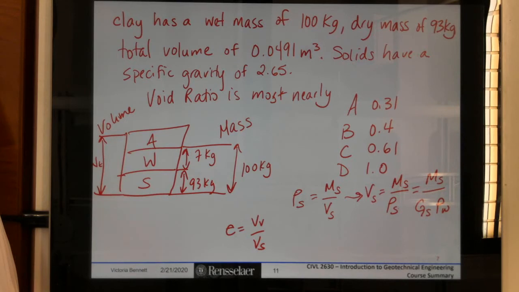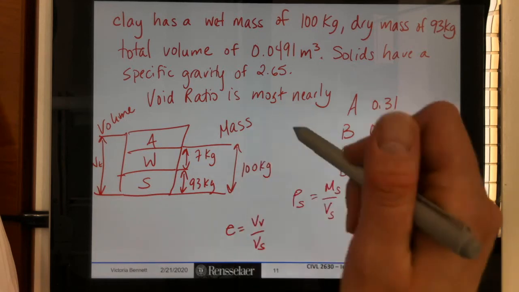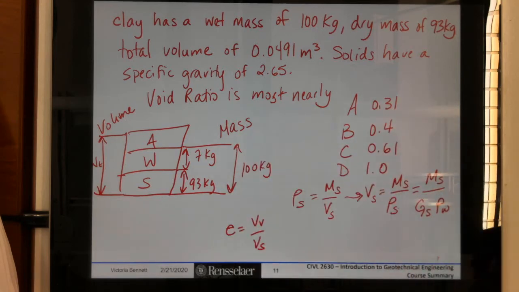So with what was given, when we skimmed through the reference manual, the fact that they gave us unit weights of water makes me think that probably the problems going forward are going to be given in weights instead of in masses, because it was a unit weight.